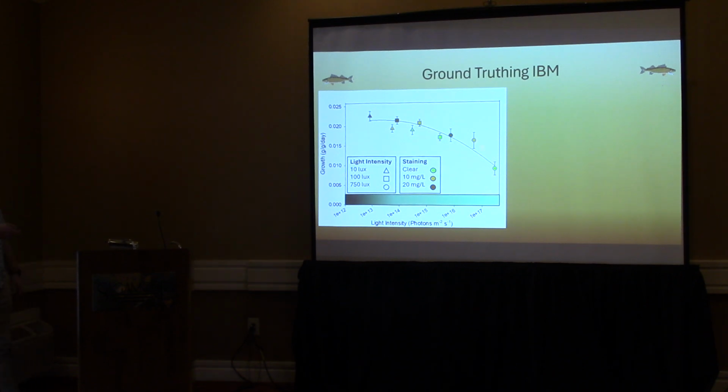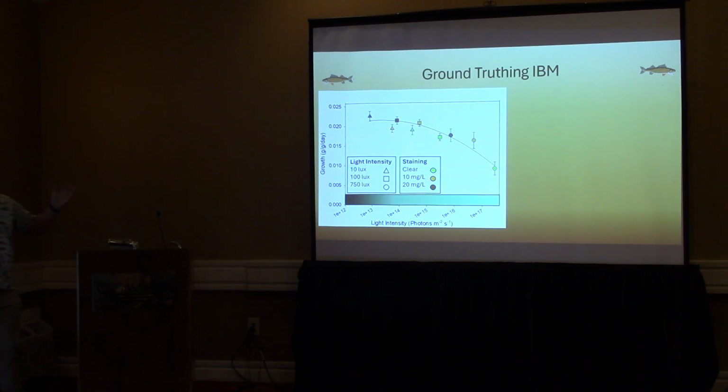As you increase staining concentration, typically you have higher growth rates. As you increase clarity of the water, you're going to typically have decreased growth rates, unless they can easily find a structure or something like that to avoid in a real lake.